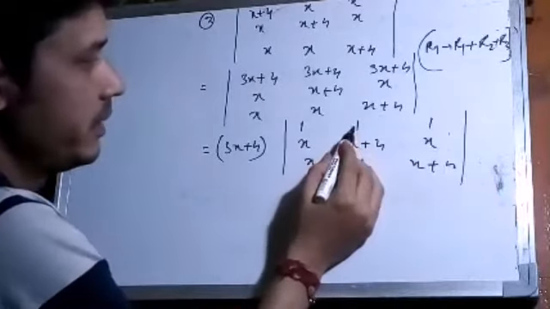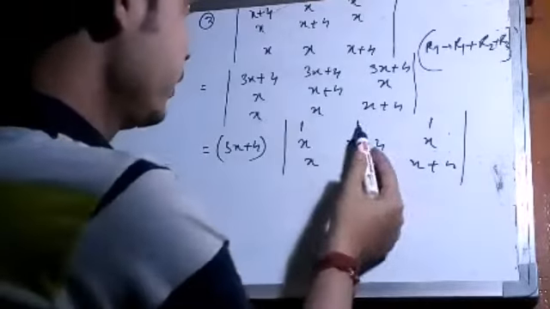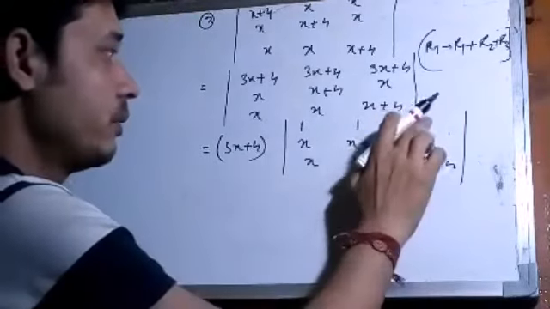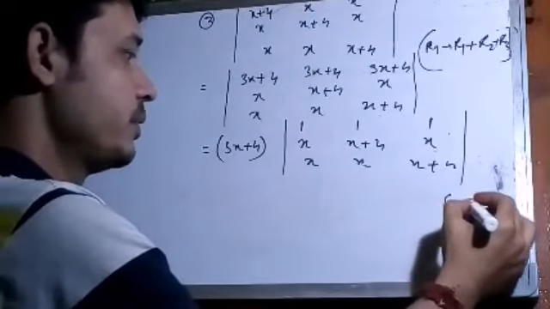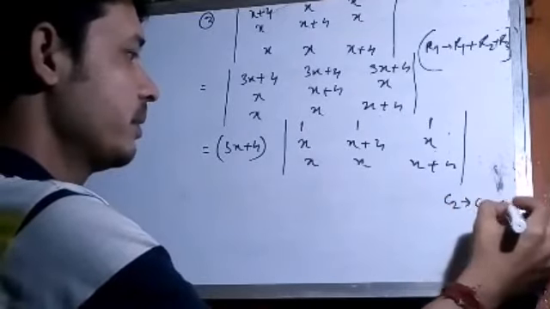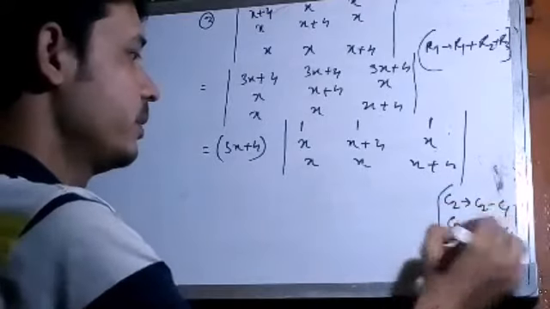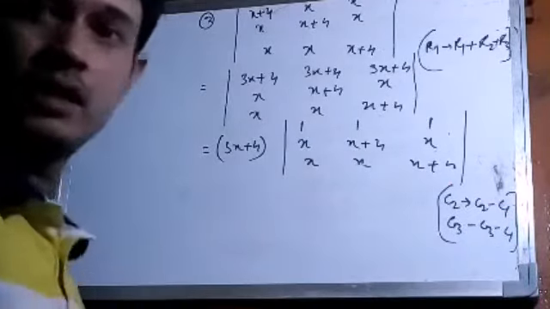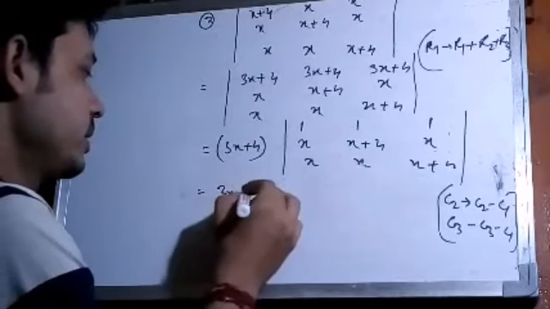Now we have to make these entries 0. Since they are in the first row, we have to use column operations to make them 0. So we do C2 operating C2 minus C1 and C3 operating C3 minus C1. We can choose C3 operating C3 minus C2 also. There is no problem. So this is equal to 3x plus 4.